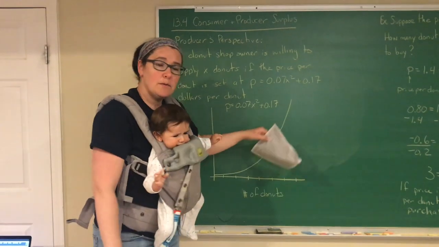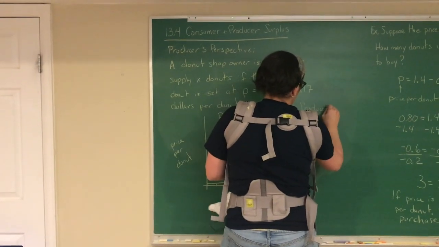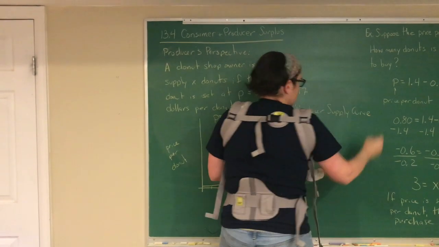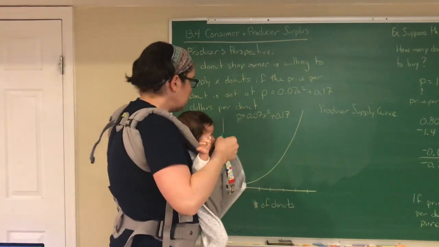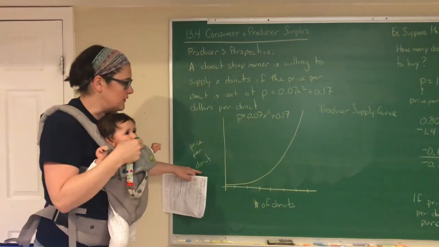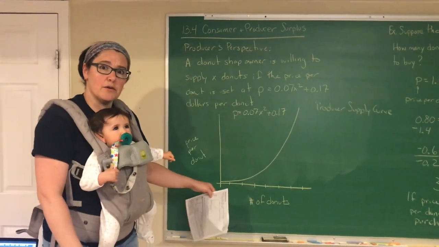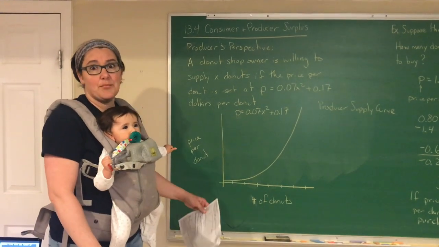And this curve that we have drawn here is our producer supply curve. And the producer supply curve relates the price per donut to the number of donuts that the supplier or the producer is willing to make at that price.